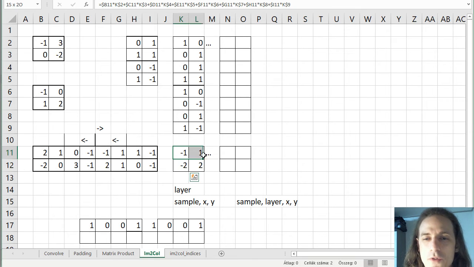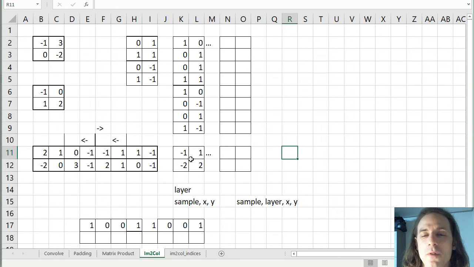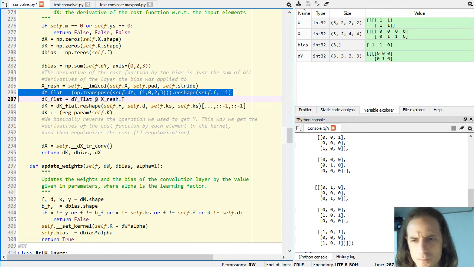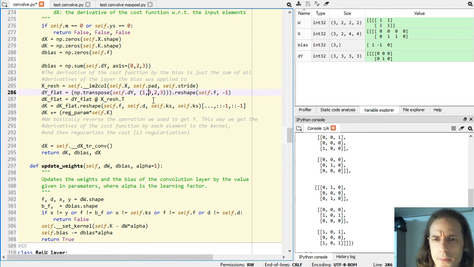So when we reshape it first, we reshape it in a shape of layer first, then the sample number, then row, and then column. And then we have to flip the first 2. Yeah, this is written here, exactly like this. And that's what we do.